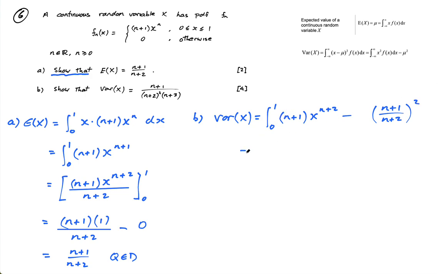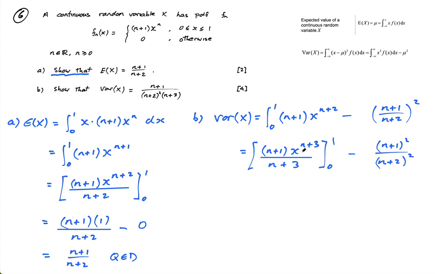Okay, integrate this. So the integral of this, same kind of thing, guys. It's going to be n plus 1. Raise this power to n plus 3, and then divide by the new power, n plus 3. Close the bracket, it's from 0 to 1, and again subtract this. If you want to write it now, guys, as n plus 1 squared over n plus 2 squared.